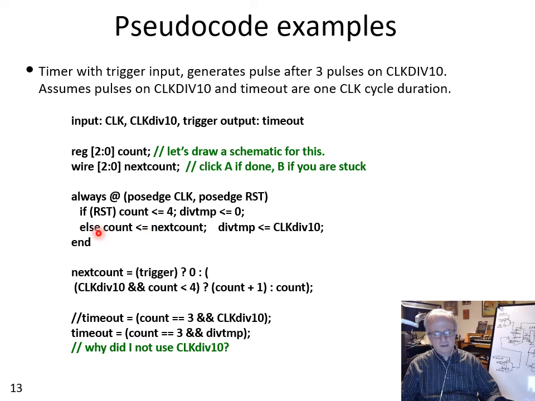Let's see, normally count is going to take the value of next count, and we mentioned div temp is just a registered value of clock div temp. So here, the next state logic, again, I can describe fairly simply in terms of conditional assignments. Well, I say fairly simply, it's 2 layers of them. This might have been a little neater with an if-then-else structure.